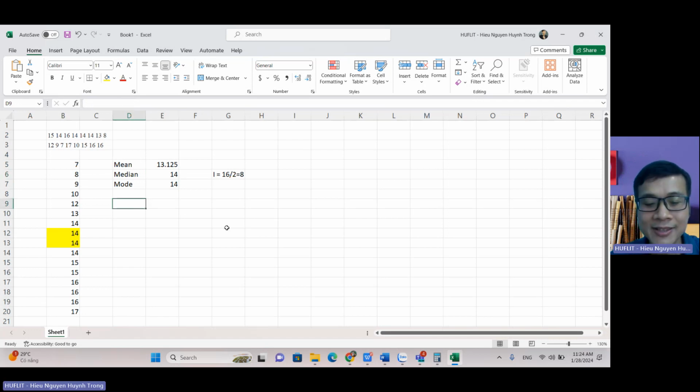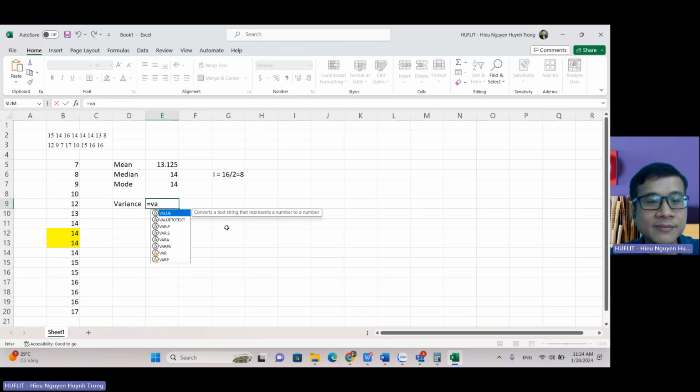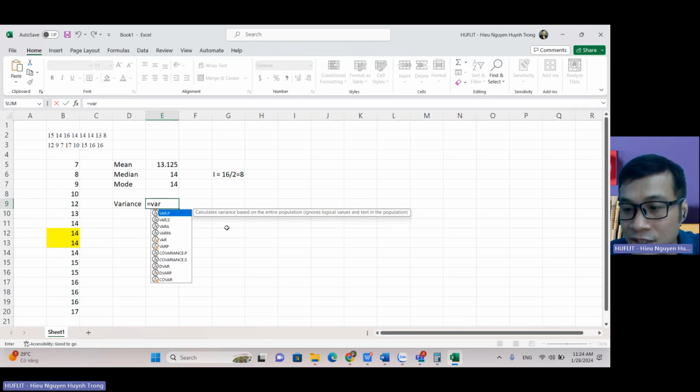Not only that, you can also calculate the variance with Excel. For the variance, you press var. If this is just a small sample, then you choose var.s. If you have a big population, then you choose var.p.